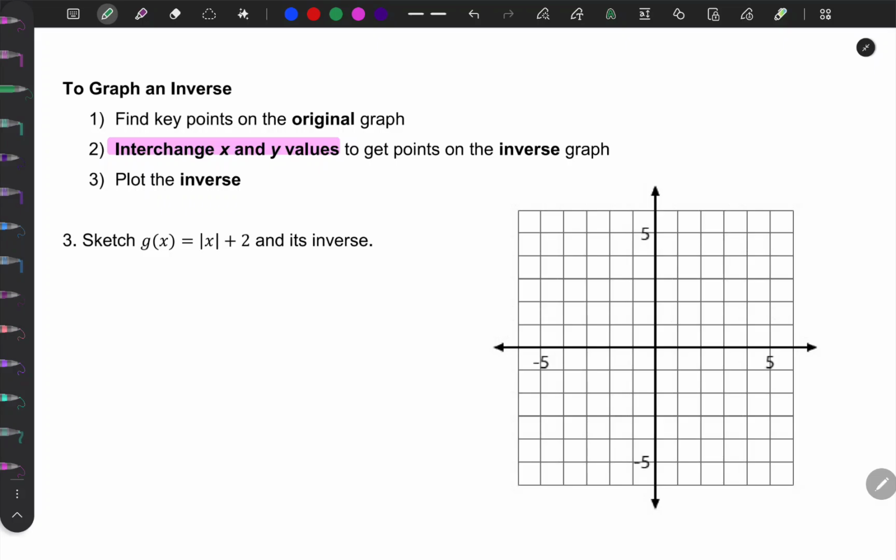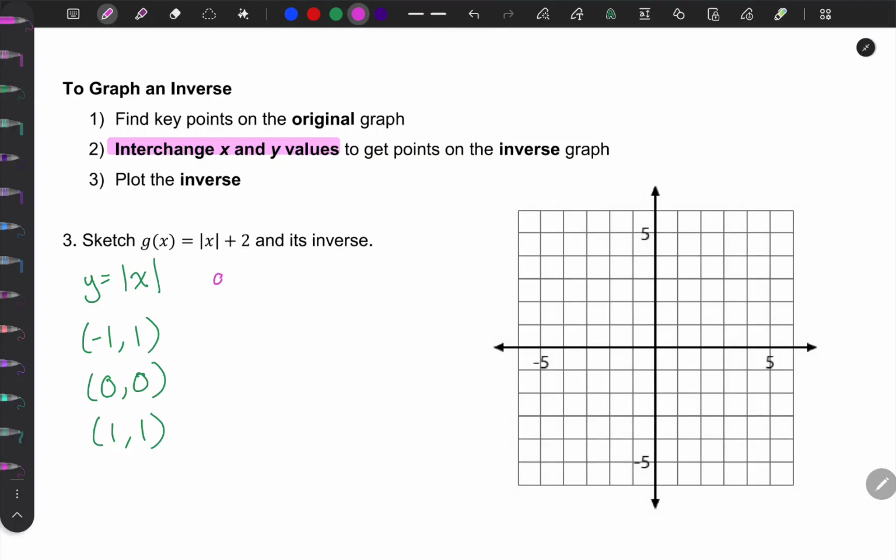Now, before we graph this graph, let's take our basic graph, y is equal to the absolute value of x, and let's just do a quick list of our key points. We have a key point at negative 1, 1, at 0, 0, and at 1, 1. You could probably do more key points than that, but that's enough to get the idea of our shape.